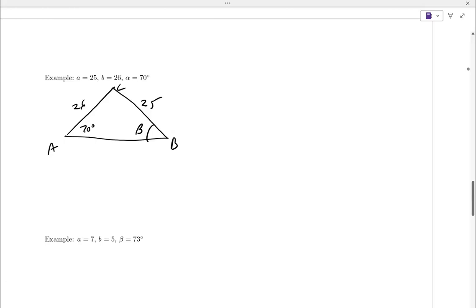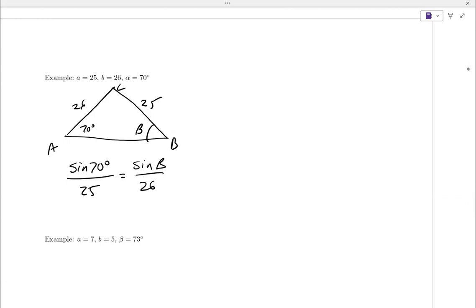What equation would you set up to solve for beta? Good. Just using the law of sines again, I can figure out that equation, right?